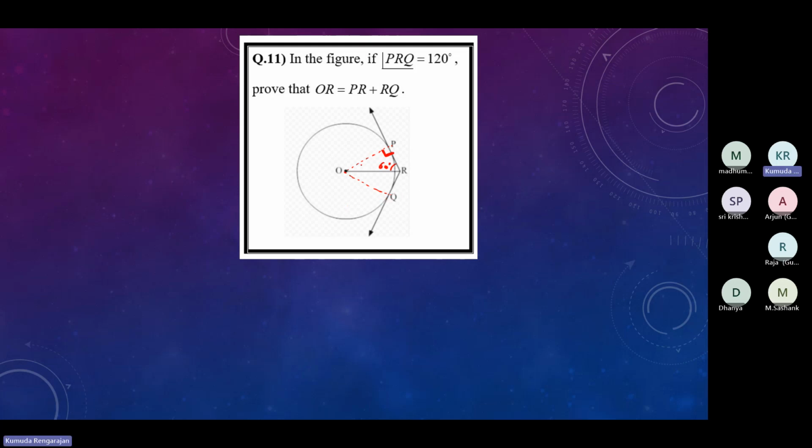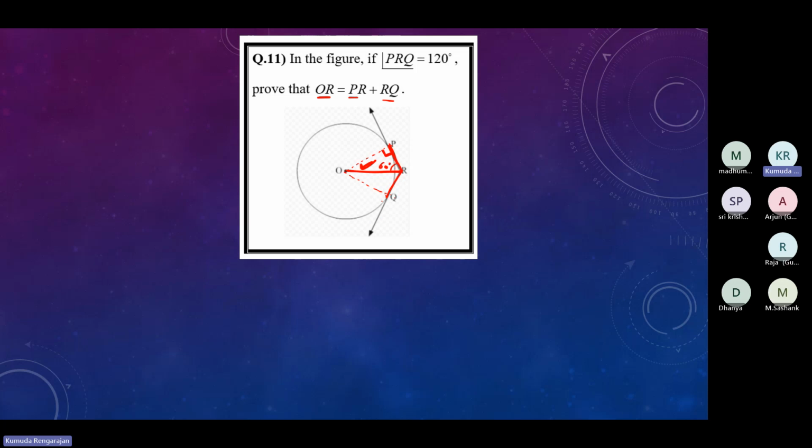Okay, so in this triangle, look at the line segments in the result. OR, PR, RQ. Where is OR? This one is OR. This is PR. And this is RQ. Now that we have taken this triangle, OR, PR. Don't worry about RQ, because we know that PR is equal to RQ, no?